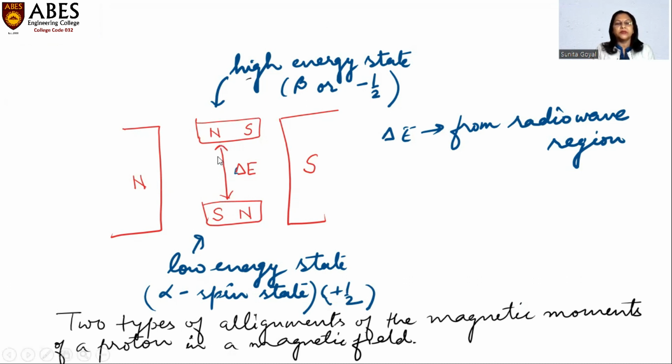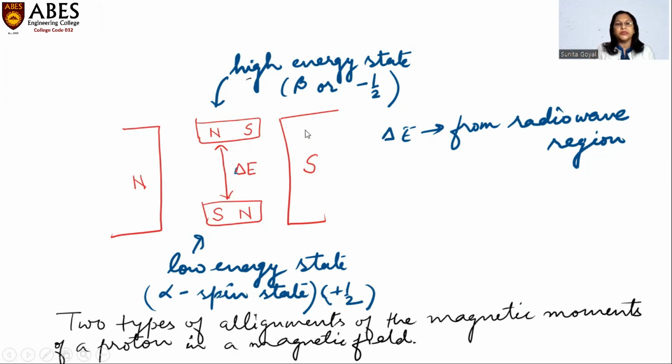When some energy is supplied to this spinning nucleus, it attains a higher energy state, or the beta spin state, for which the value is minus half. This is the repulsive state, because the north poles of the spinning nucleus's magnetic field and the external magnetic field are in the same direction, and the south poles are in the same direction.